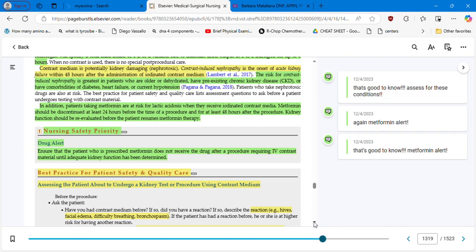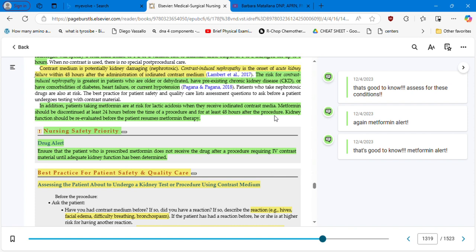So patients taking metformin are at risk for lactic acidosis when they receive iodinated contrast media. Metformin should be discontinued at least 24 hours before the time of a procedure and for at least 48 hours after the procedure, so for a total of 72 hours: 24 hours before, 48 hours after.